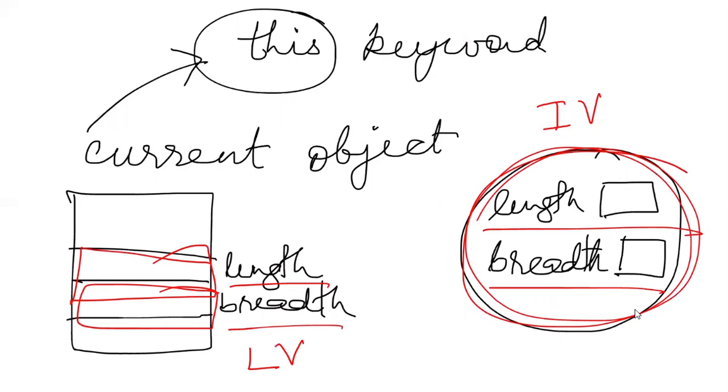Beyond the execution of the constructor, this length and this breadth will not exist anymore. So coming back to the keyword this, what do we use this for? We use it in order to remove this mismatch between our local variables and the instance variable.